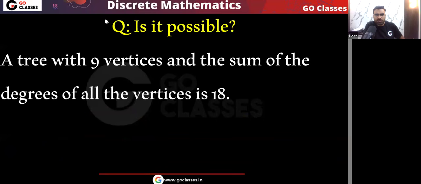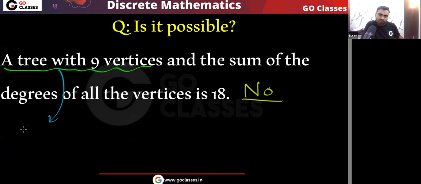Tell me the answer for this question. Is it possible to have a tree with 9 vertices and the sum of degrees of all the vertices is 18? Is this possible? This is not possible. Why? Can anyone tell me? See, if you have a tree with 9 vertices, then how many edges will be there? The number of edges will be n minus 1, so that will be 8.